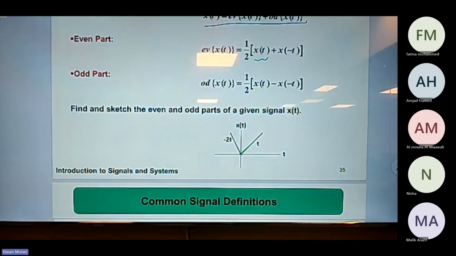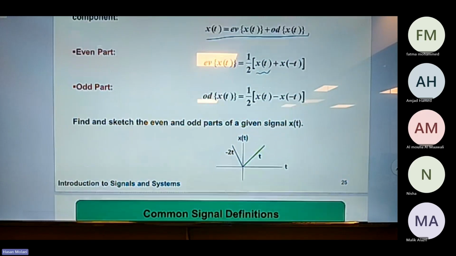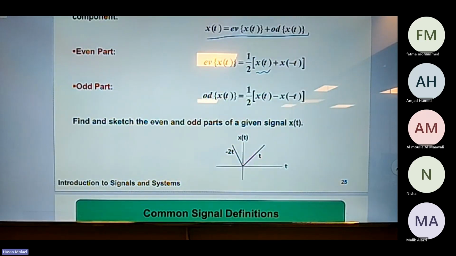As an example, can you write the expression of x(t)?